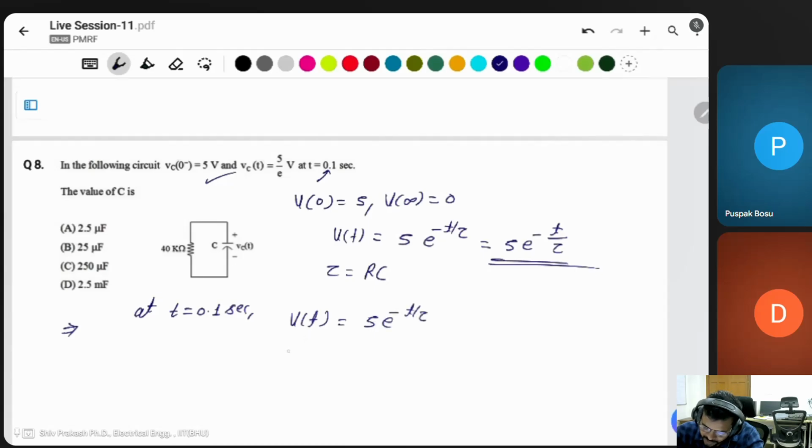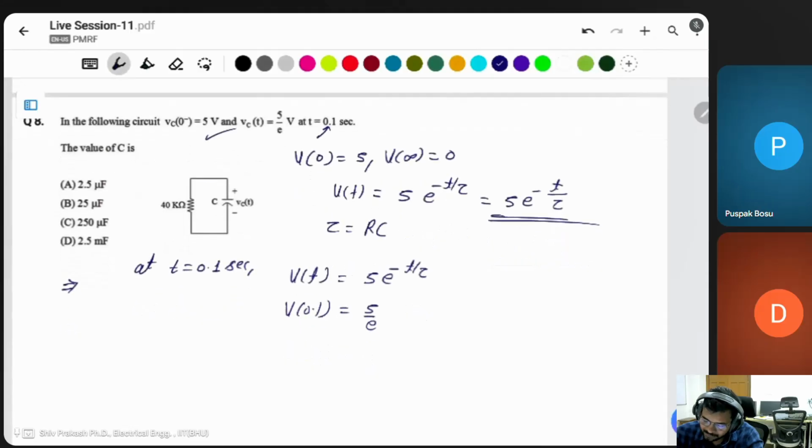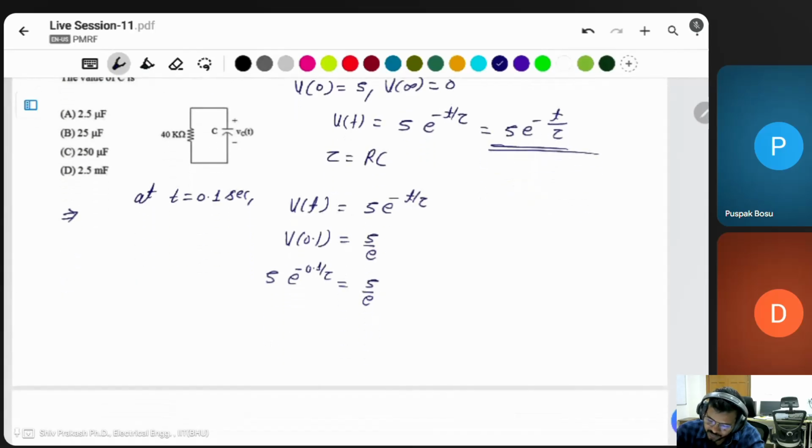Vt at 0.1 second is 5 by e. Then 5 e to the power of minus 0.1 by tau is equal to 5 by e. 5 will be cancelled out. e to the power of minus 0.1 by tau is equal to 1 by e.